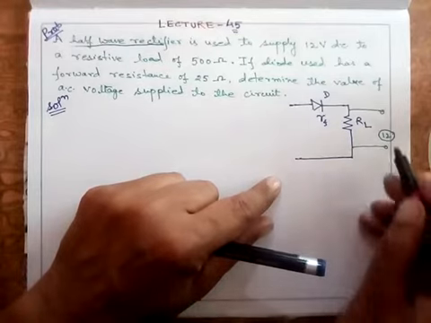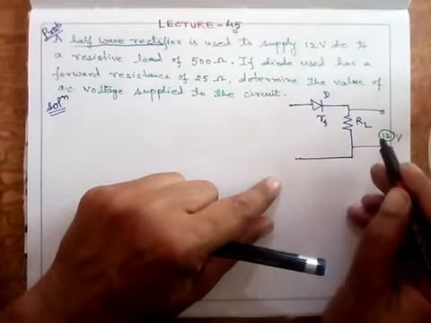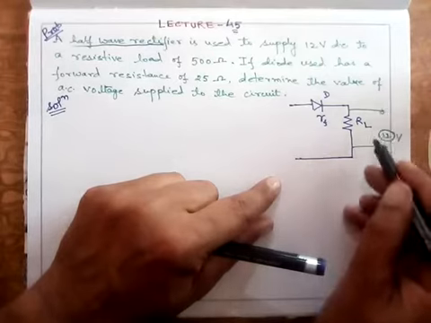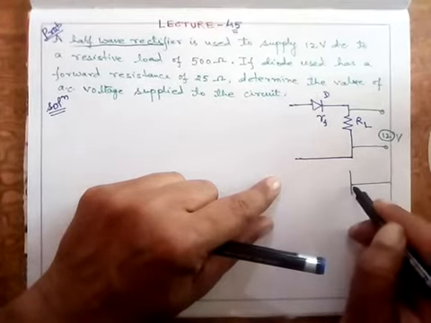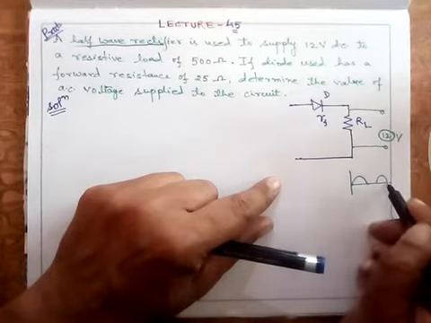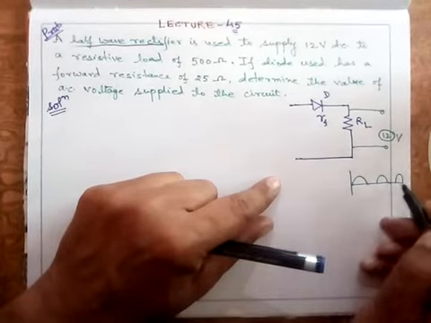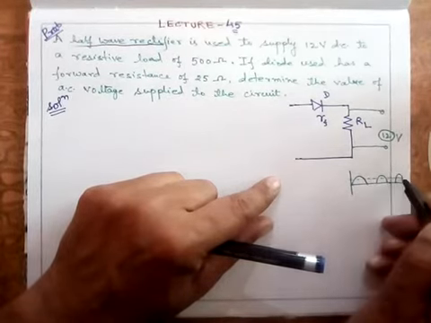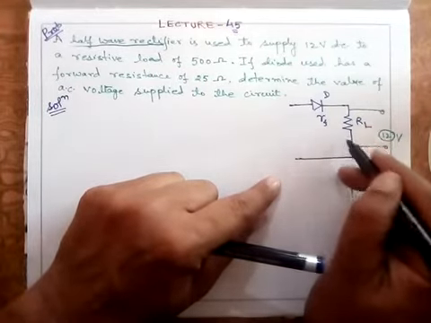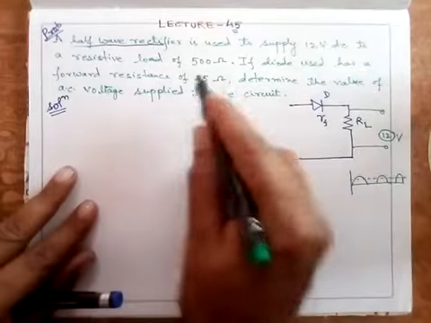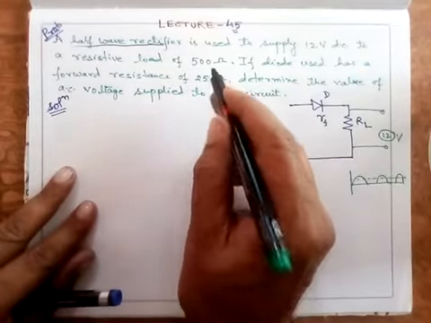Of course, the nature will be like this. Suppose this is the output voltage, and the DC value, or the average value of this rectified output, is 12 volt DC, with a resistive load of 500 ohm.